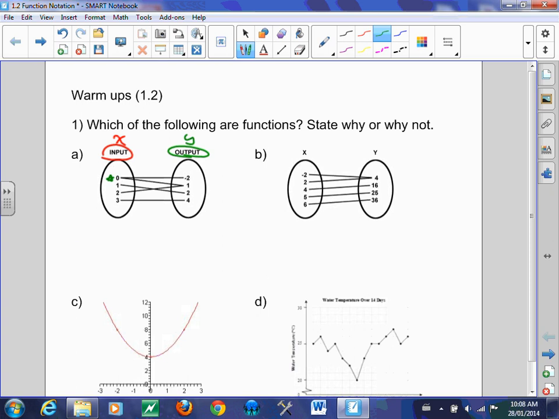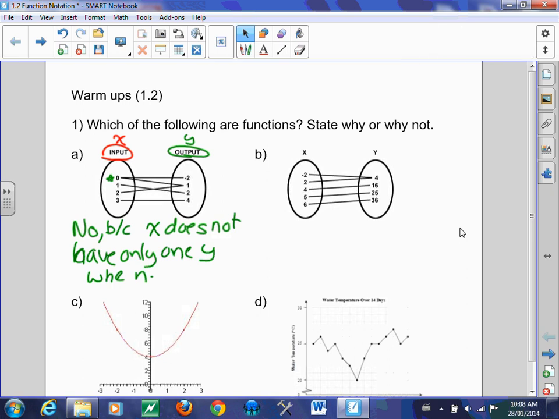So the answer is no, it is not a function because x does not have only one y when x equals 0, because it goes to y having -2 and 1.